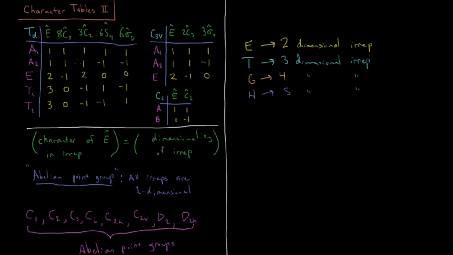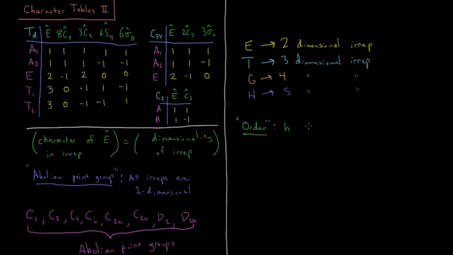Now we've pretty much described character tables, what's in them, dimensionality of irreps, symmetry under various things, what these subscripts and labels mean, and what abelian is. Lastly, I want to define the term order of a point group.